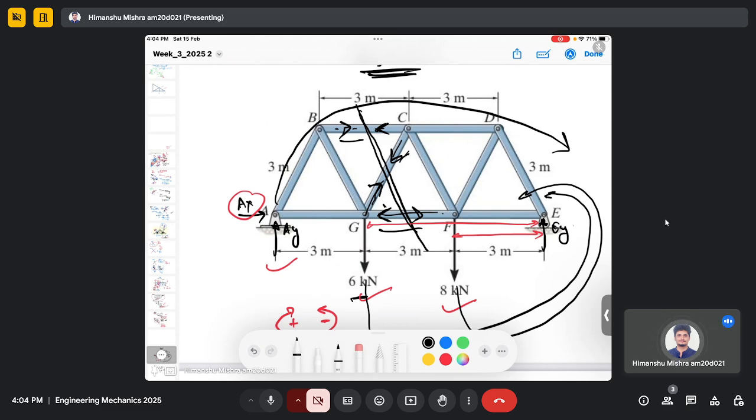I can calculate the force in GF if I consider the moment about point C, because the moment due to force BC will be 0 about point C since it doesn't have a perpendicular distance, and the moment from force GC about point C will again be 0. But we have to consider the moment from force GF because it has this perpendicular distance, which is 3 meter.